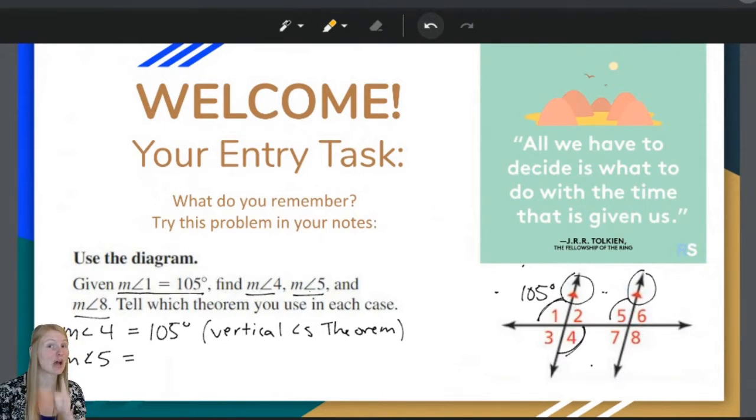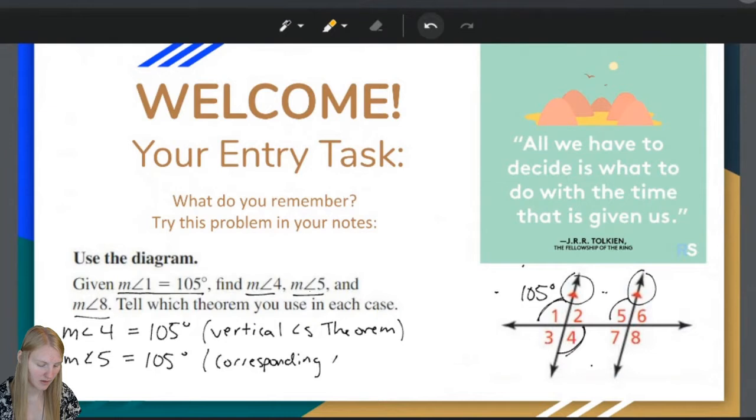And if the lines are parallel, that means corresponding angles are congruent. So the measure of angle 5 is also 105 degrees. And that is the corresponding angles theorem.